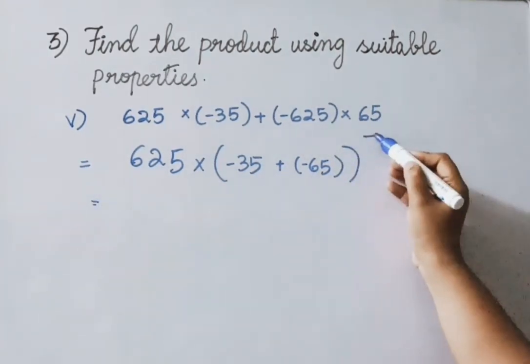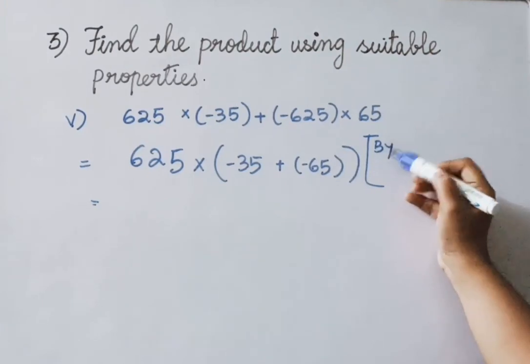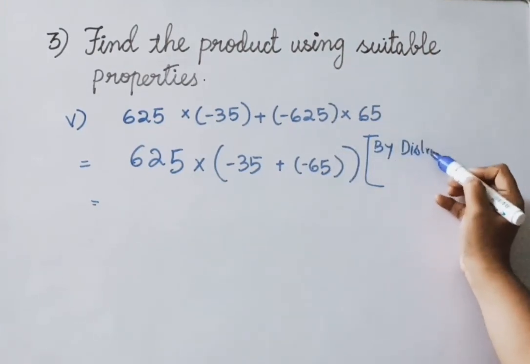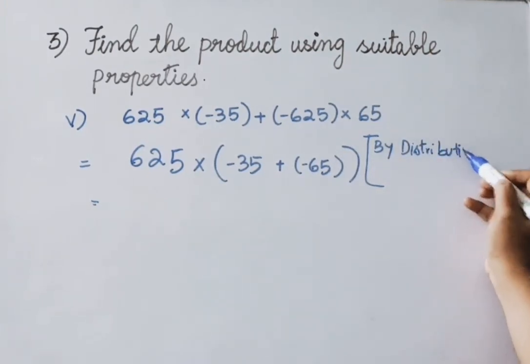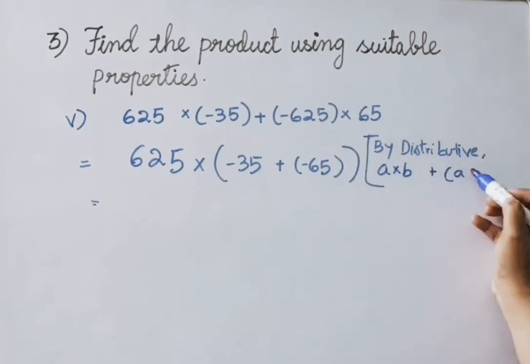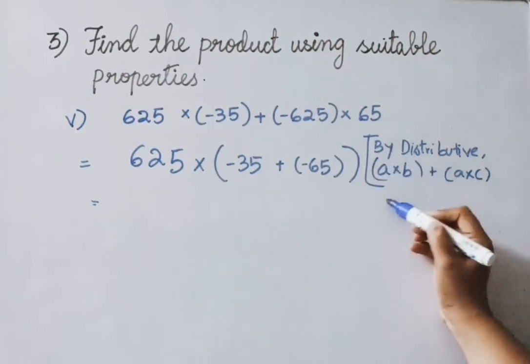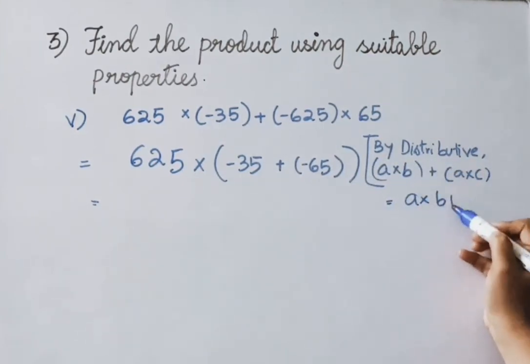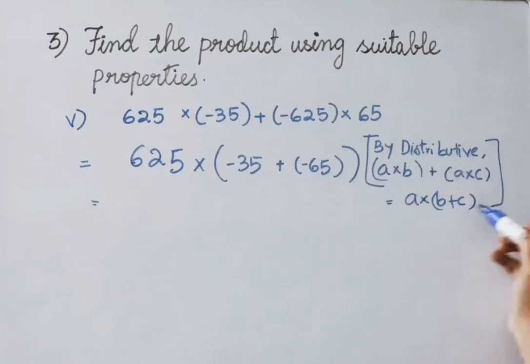So mention here by distributive property, A into B plus A into C equals A into B plus C.